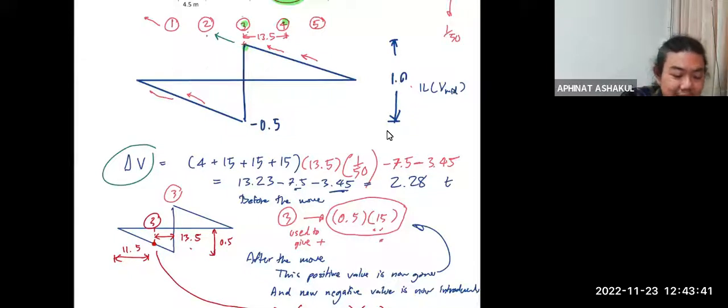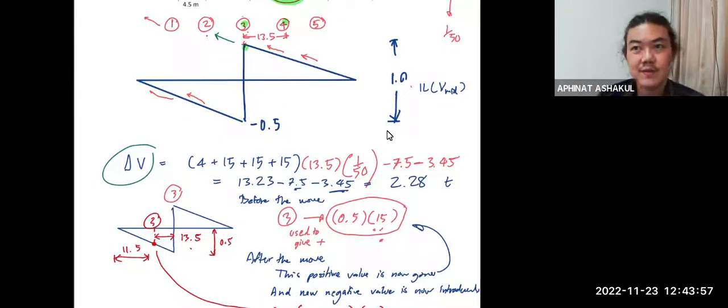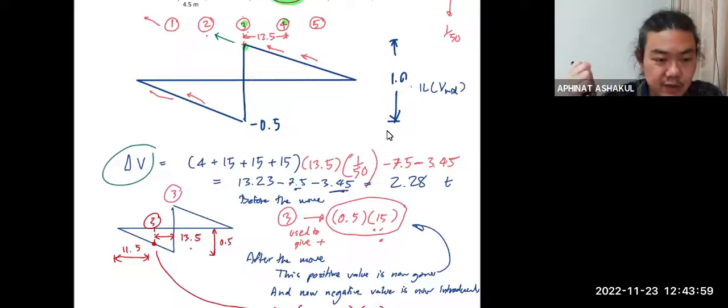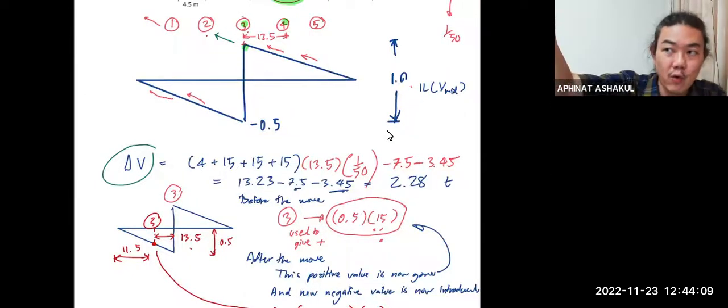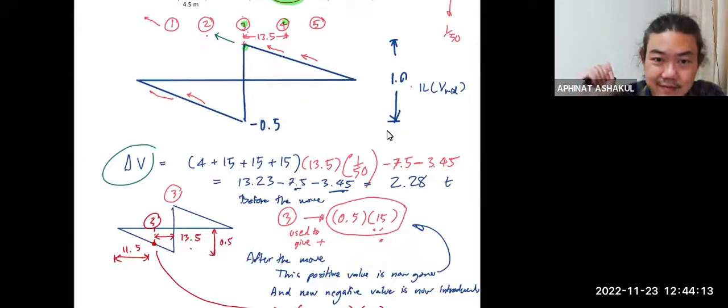And not only that, the positive value that you used to have is now gone, but it also gives you a new negative number, which was not there before. So you see, it's a double impact. The positive is gone, and the negative is there.